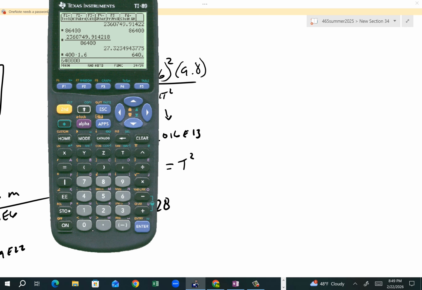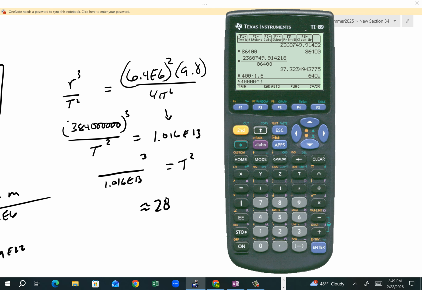640,000 cubed, that nasty thing, divided by 1.016 E13. And if you square root that, you get that guy.